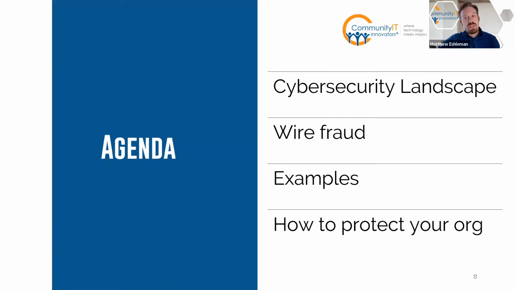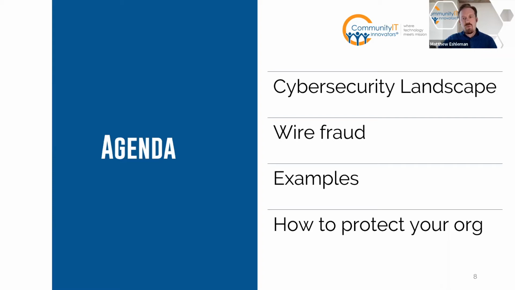Today we are going to start with a little bit of the cybersecurity landscape. We'll talk specifically about wire fraud, what that means, and how organizations can protect themselves. We're going to show some specific examples. I think it's particularly helpful to see how these types of attacks are perpetrated, and perhaps you'll see some techniques that seem very reflective of what you've experienced at your own organization.